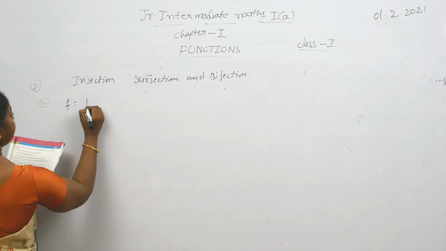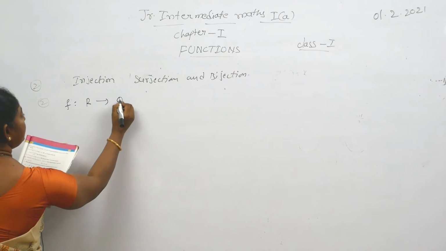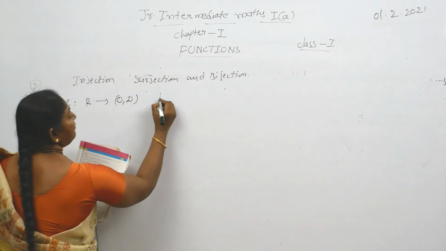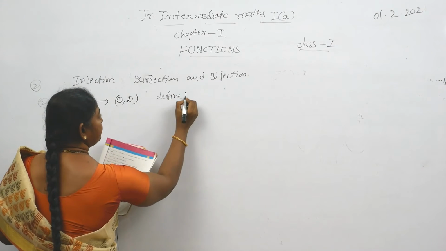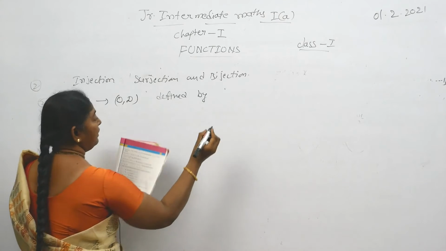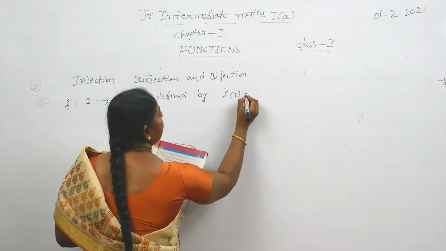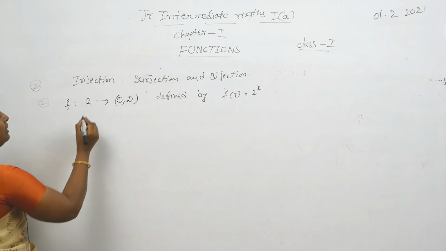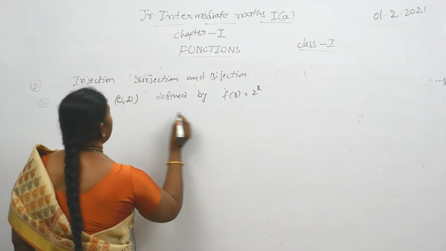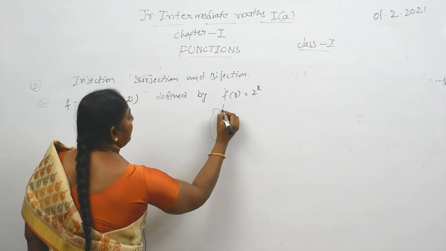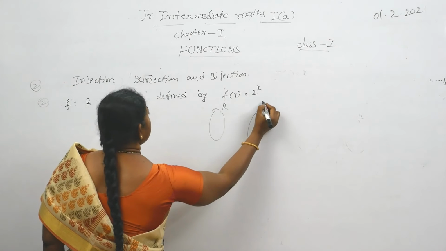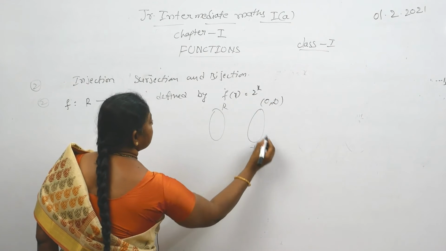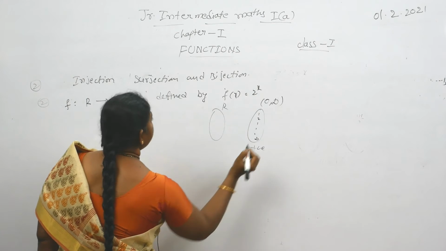f from R to the open interval 0 comma infinity, defined by f of x equal to 2 power x. So here the open interval 0 to infinity means all positive values, 1, 2, 3, up to infinity, will come.